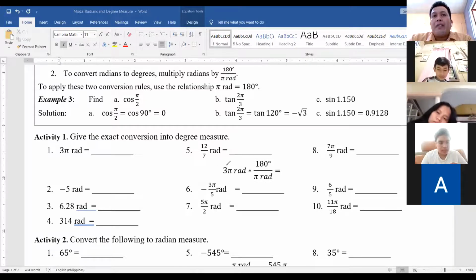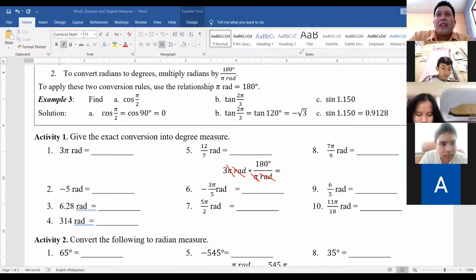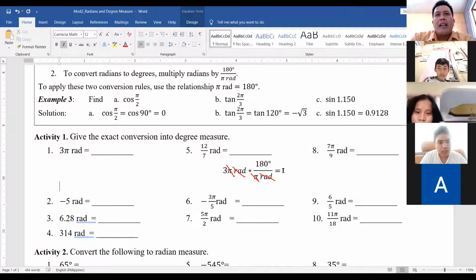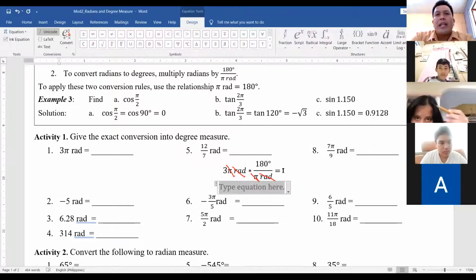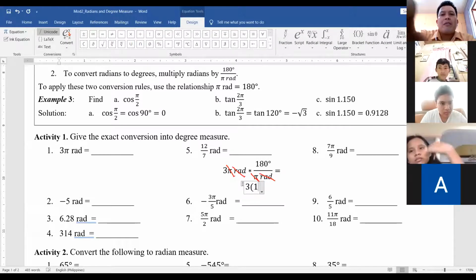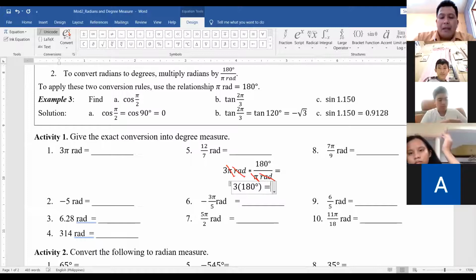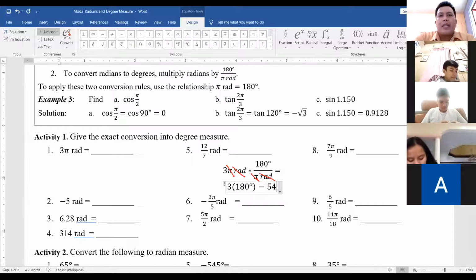The unit to be cancelled must be in the numerator and the other one in the denominator. So upon eliminating the unit, you can go with 3 times 180 degrees. Multiply 3 and 180, you'll get 540 degrees.